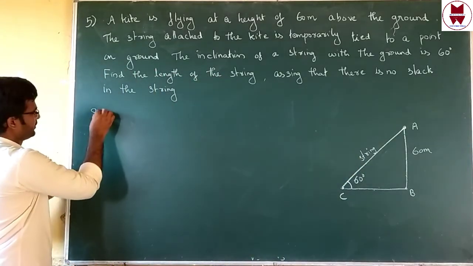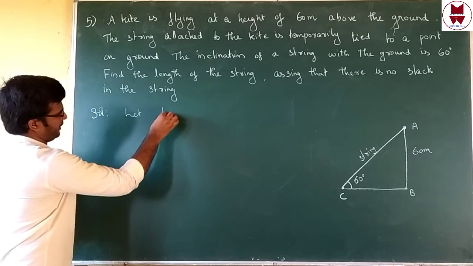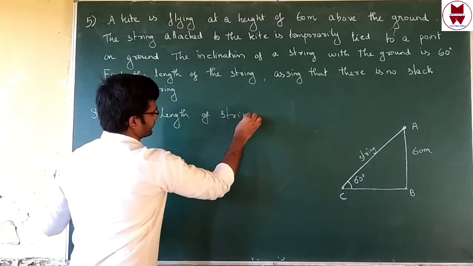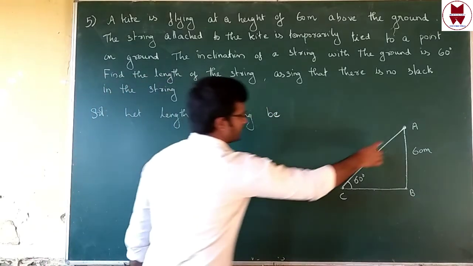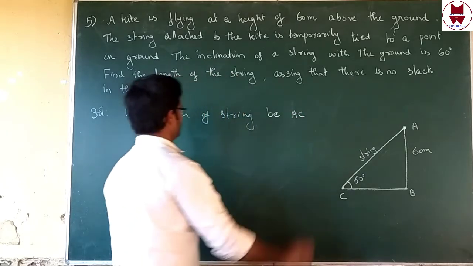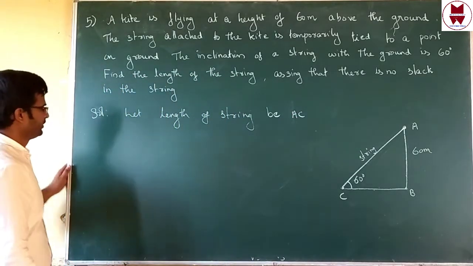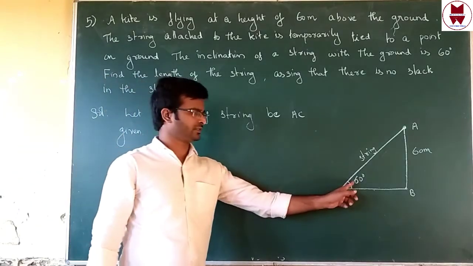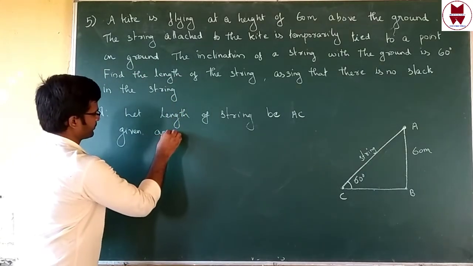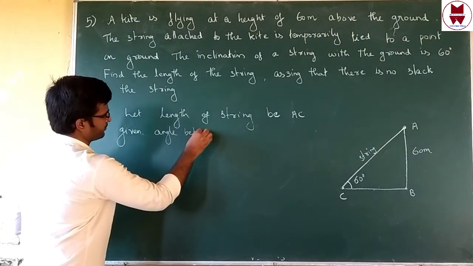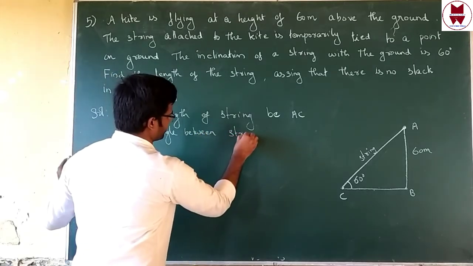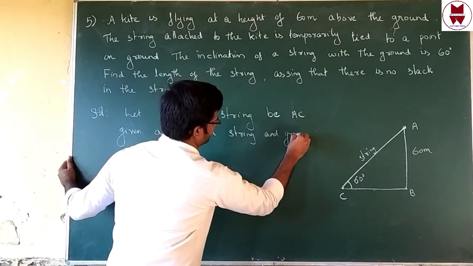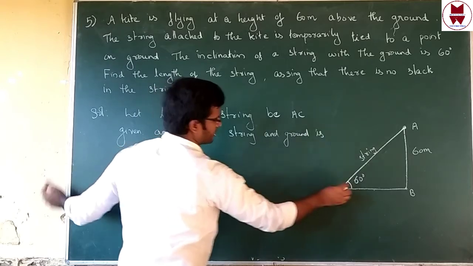Let the length of string in this figure, AC is the string, length of string BAC. Given, the angle is already given. The angle between string and ground is 60 degree.